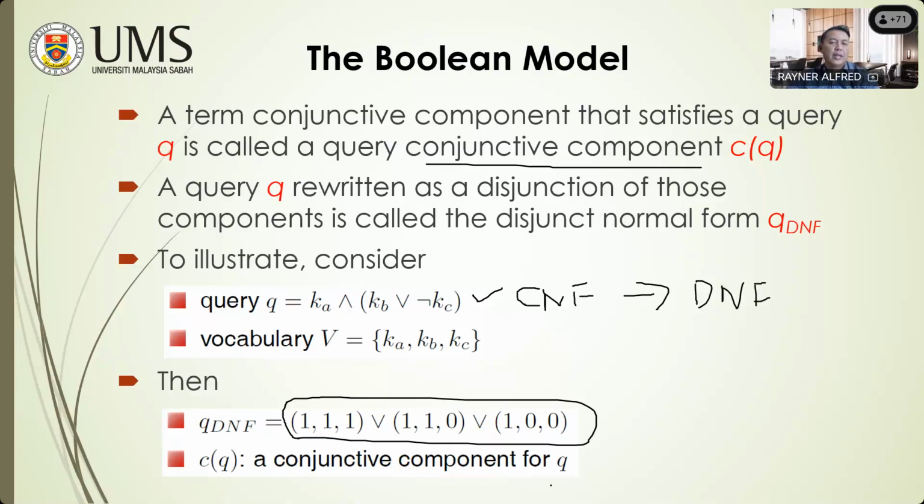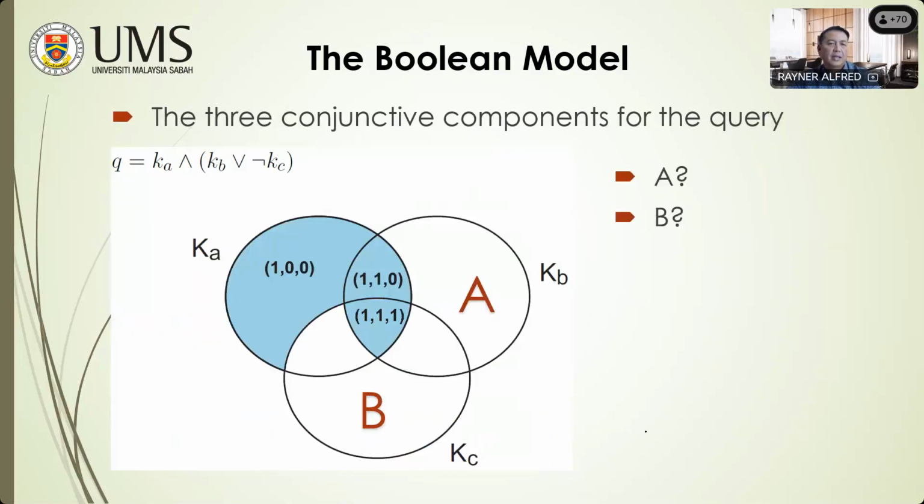So when do you use this? You use this when you want to match with your query. So you are just finding the pattern which is similar, exact matching. For example, like this, if we have three keywords KA, KB, and KC, so when we are here, that means keyword A exists, but not B and C. For this one, keyword A and B exist, but not C. So this one, all keywords exist.